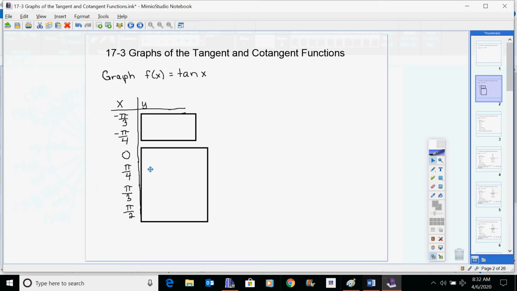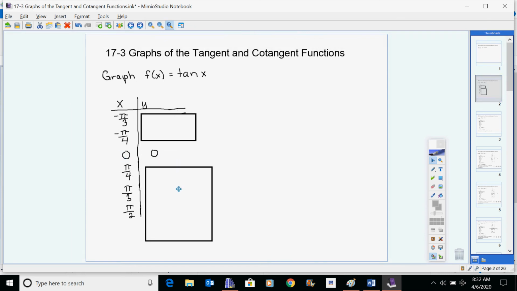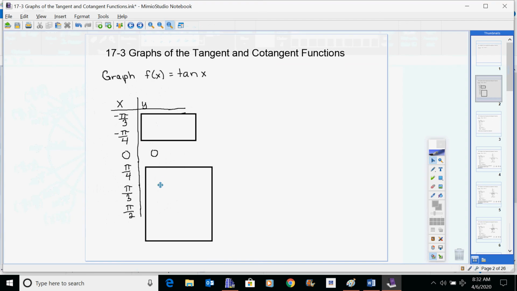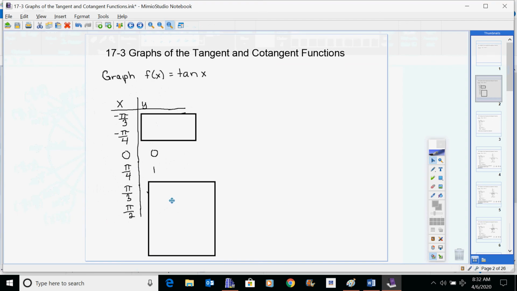So I want to take a look at that when we make a list of ordered pairs. Like I said, when we started at 0, you ended up with 0 over 1, which gives you 0. When you looked at pi over 4, we had a number over itself.